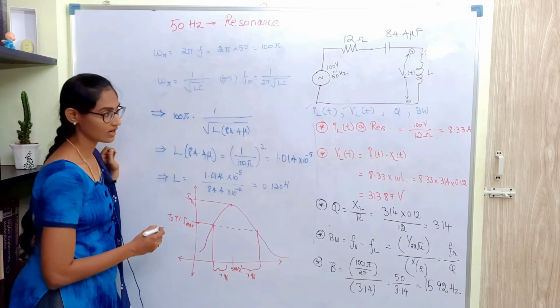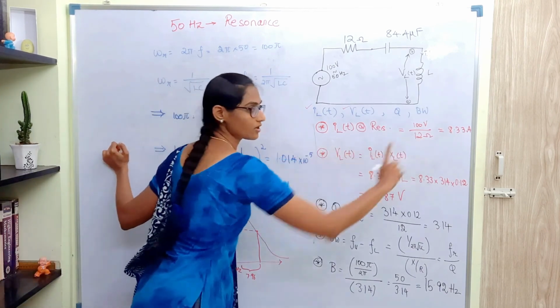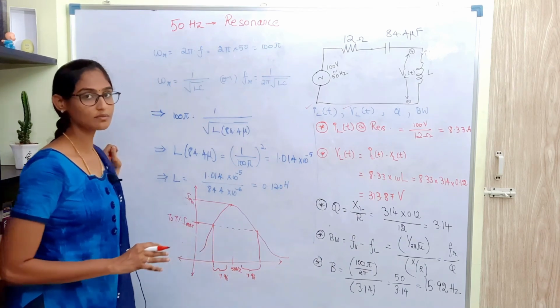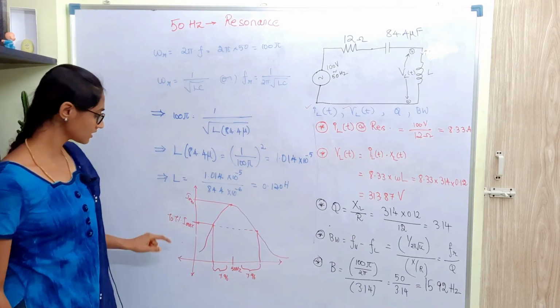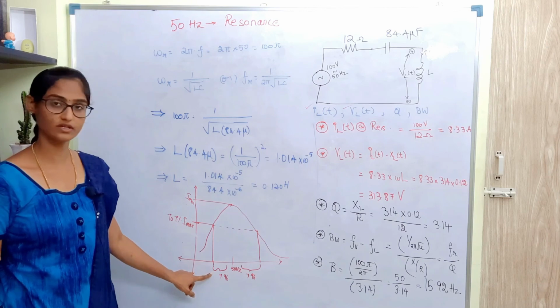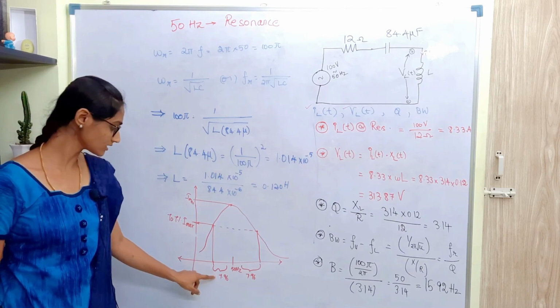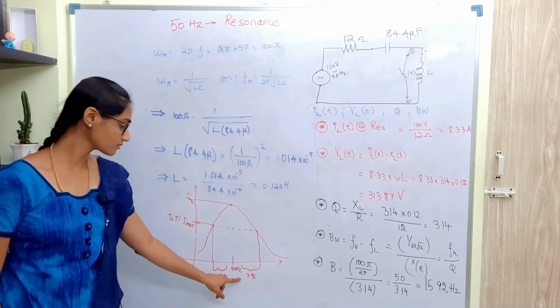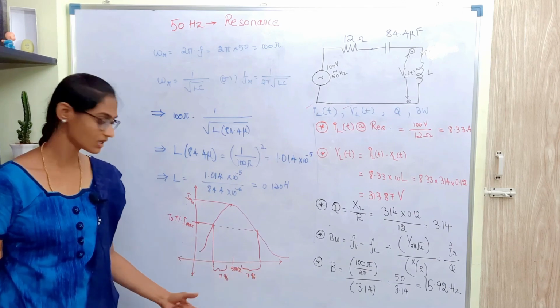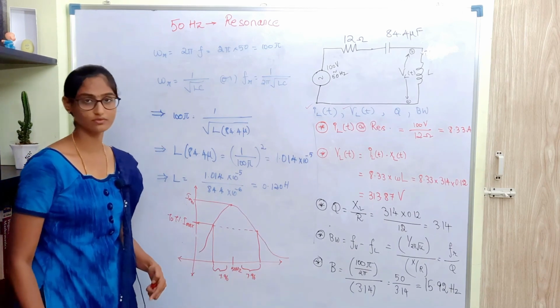What is Imax? Imax is this current 8.33 ampere. 70.7% of this current is the current that is achieved at the frequency of 7.96 lesser than 50 Hertz and 7.96 higher than 50 Hertz. So these are the upper and lower cutoff frequencies.